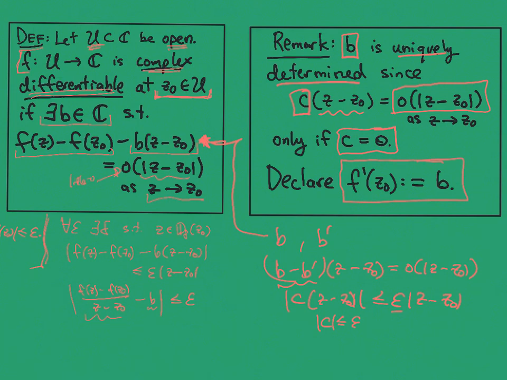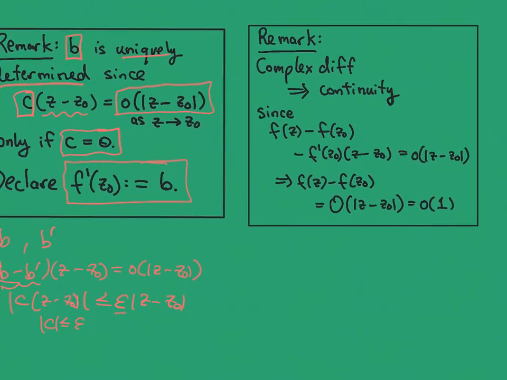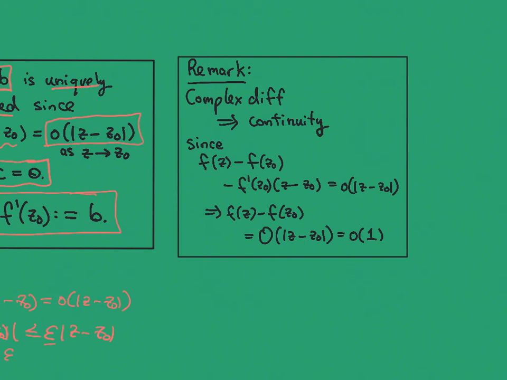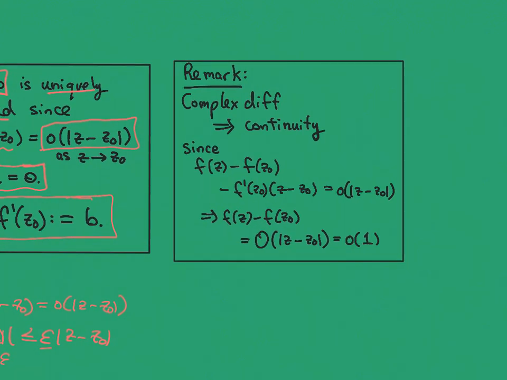Eventually we'll talk about how complex differentiability compares to usual notions of differentiability, but first let me just point out the even more basic fact that complex differentiability implies continuity at a point. The reason is complex differentiability tells us f of z minus f of z naught minus this linear term is little o of z minus z naught.